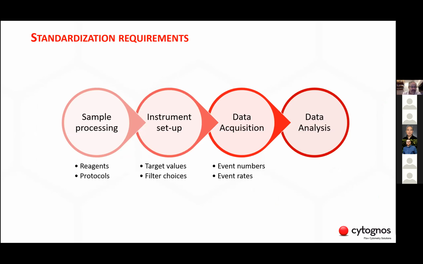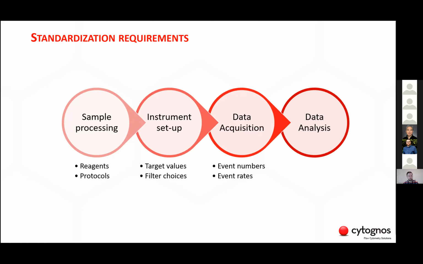And that kind of standardization needs to apply to the different steps of the process. It needs to apply to the protocols. We cannot simply change the position of an antibody and a fluorochrome. So we need to stick with the same panel, stick with the same reagents, or at least equivalent reagents, apply standardized protocols, and have a common instrument setup across different groups to acquire different samples.